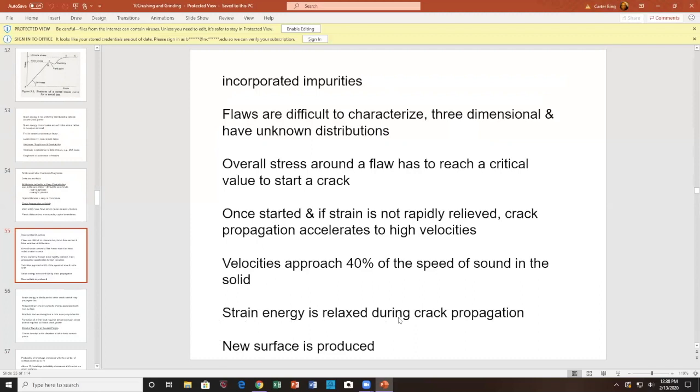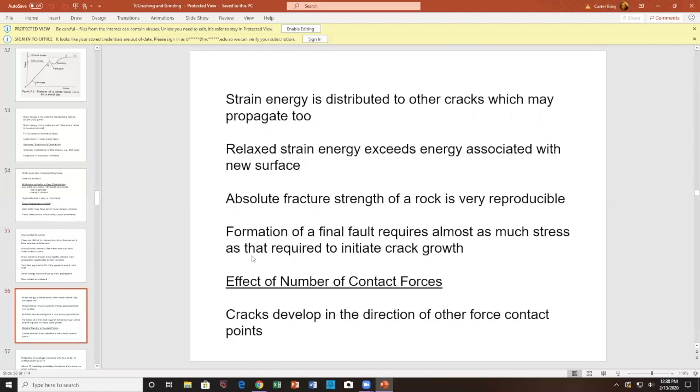Strain energy is relaxed during crack propagation, and new surface is produced. Strain energy is distributed to other cracks, which may propagate too. Strain energy must exceed the energy associated with new surface. If it doesn't exceed it, then you won't have new surfaces.